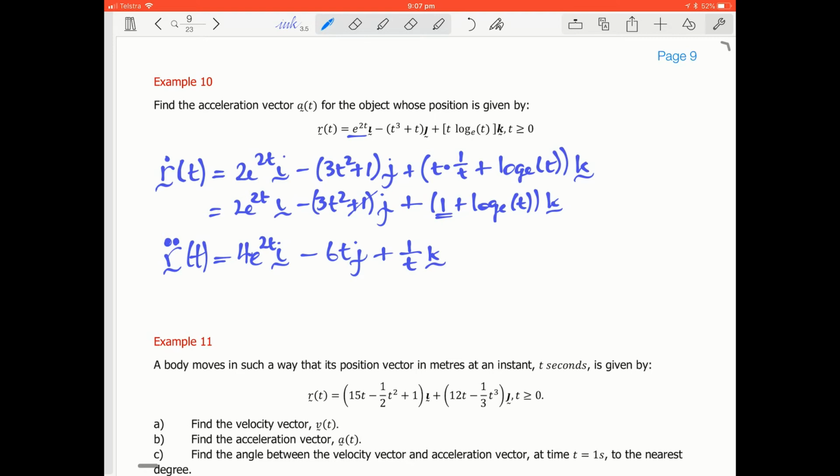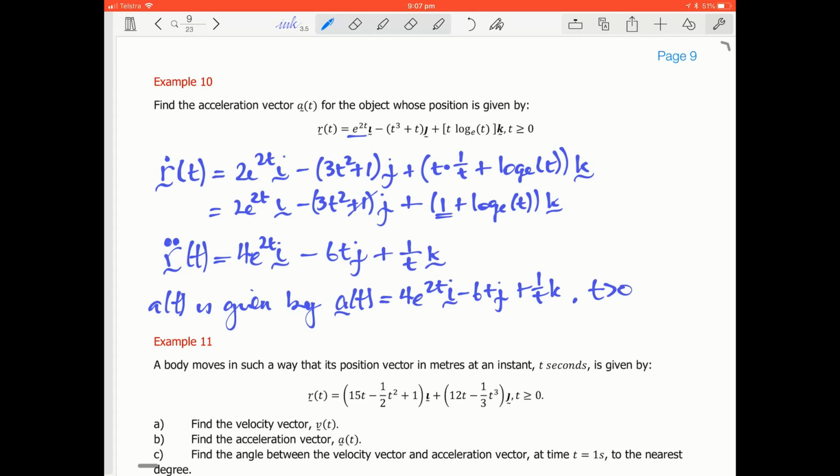So, assuming I haven't stuffed anything up, our acceleration is given by a of t is equal to 4e to the 2t i minus 6t j plus 1 over t k, for, in this case, t greater than 0, because we couldn't sub t equals 0 into the acceleration vector, for all t greater than 0.